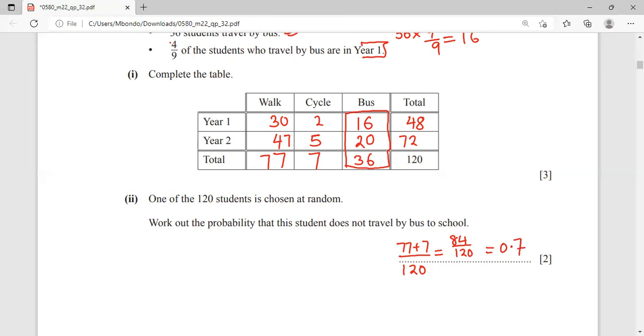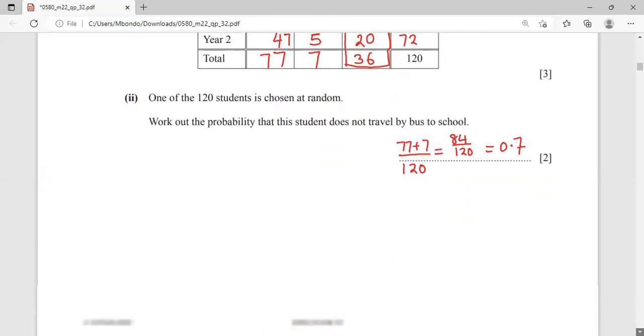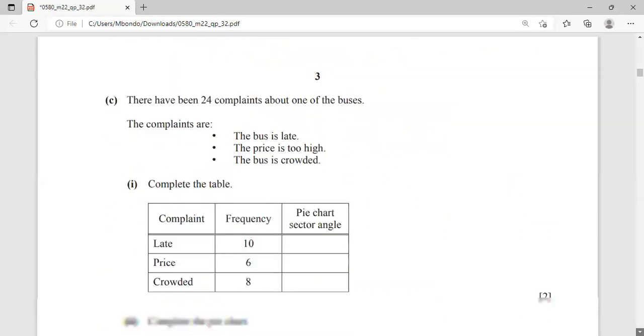All right? But at the same time, you could simplify this one to its simplest form. You'll still be able to get the answer. All right? Let me take you to the next question here.